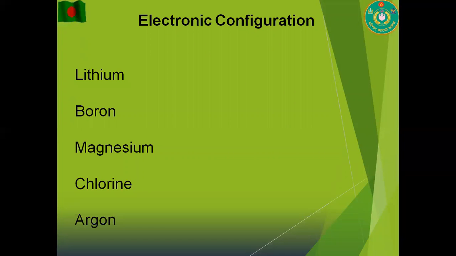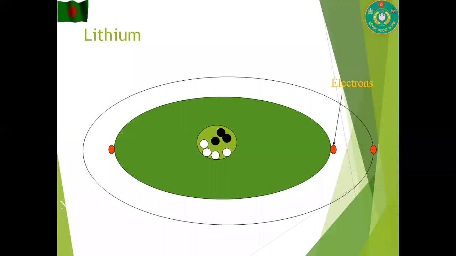Now, write down the electronic configuration of lithium, boron, magnesium, chlorine, and argon. Beloved cadets, in the case of lithium, there are 3 electrons: in the first orbit 2, and the next one in the second orbit.